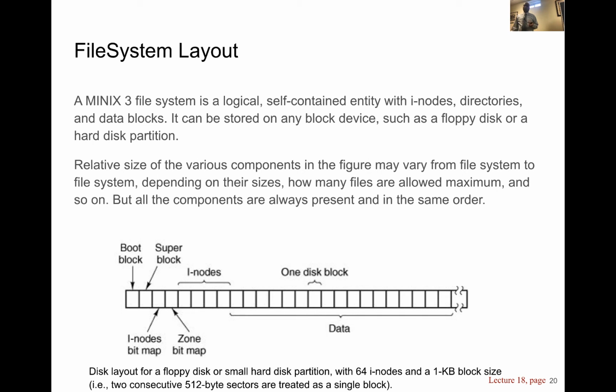The second block is going to be a super block. The next few blocks are going to store inodes. So this is all metadata information. And then all subsequent blocks are going to be data blocks, where you actually store blocks of the file. That's how the file system is laid out.